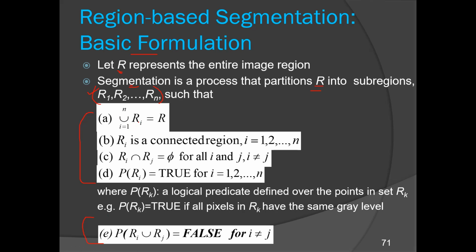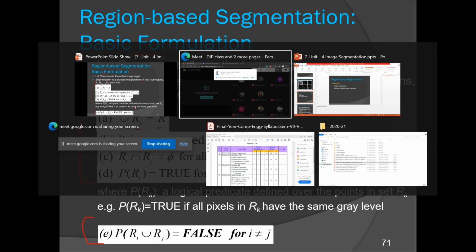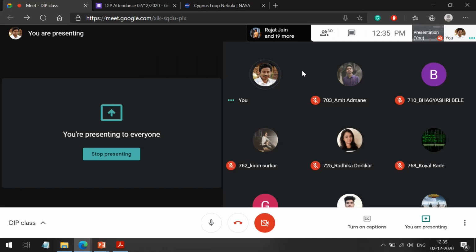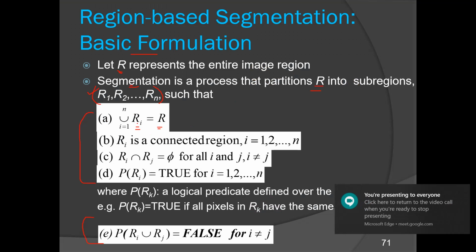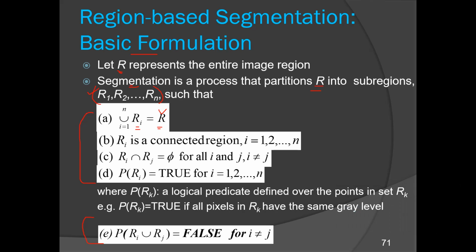The union of these Ri's should be equal to our given image. What is the meaning of this? If you take the union of these sub-regions, you should get the original image.